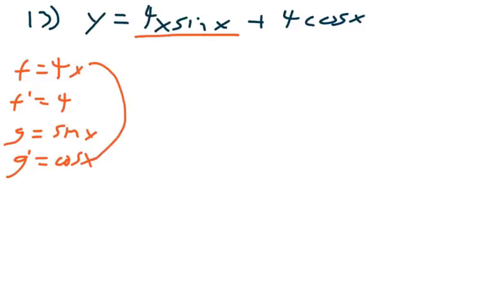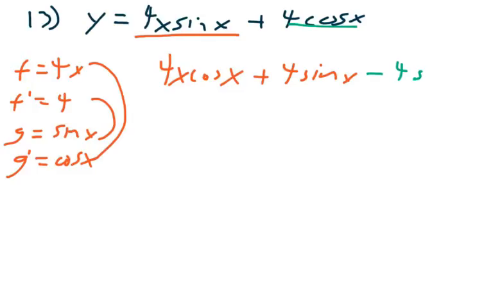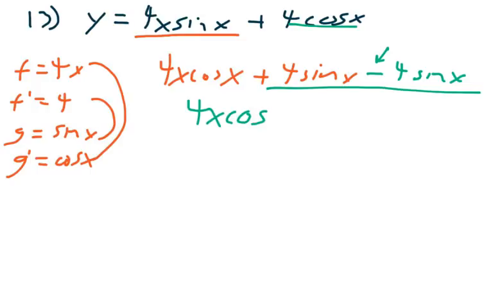So 4x cosine x plus 4 sine x, and then over here the derivative of 4 cosine x is negative 4 sine x, because the derivative of cosine is negative sine, so that's why the plus became a minus. These two cancel out, and we're simply left with 4x cosine x.